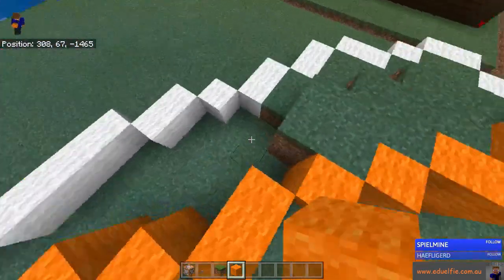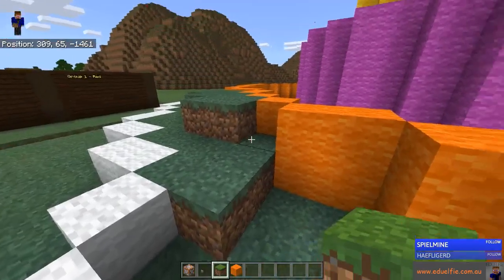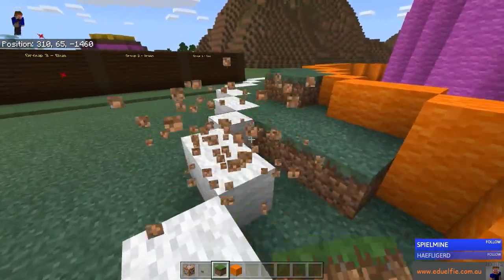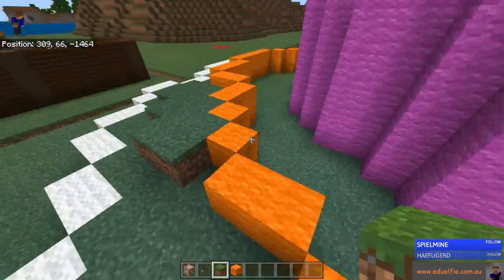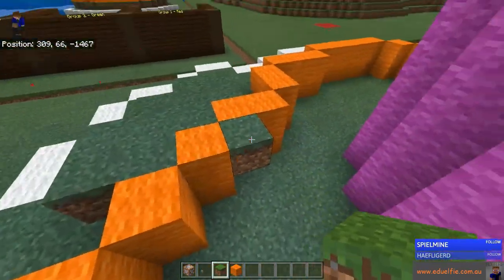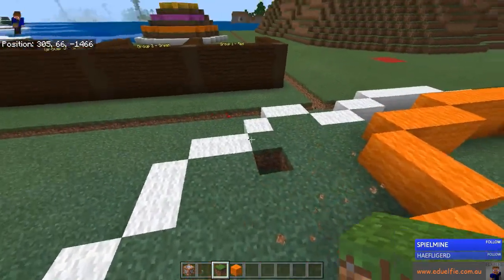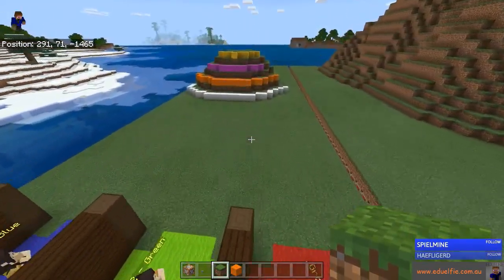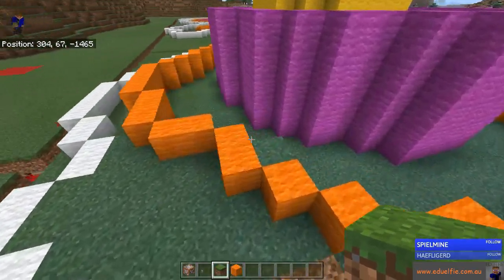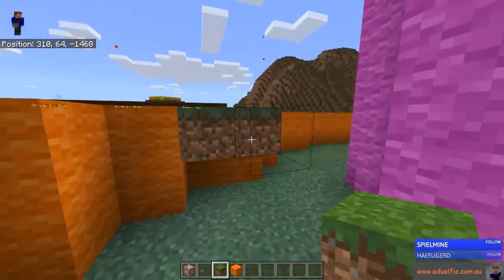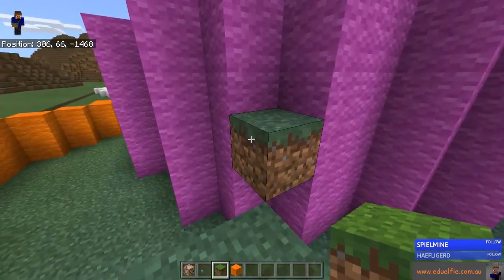Right. So I'm being a little bit random in how this is built up. Oh, they can't be there, can they? They can be below it. So we have one gap.